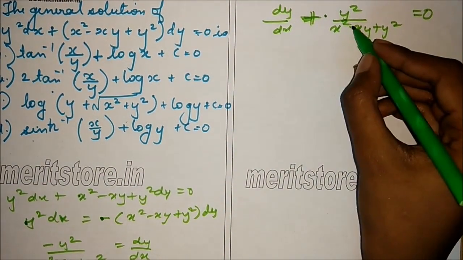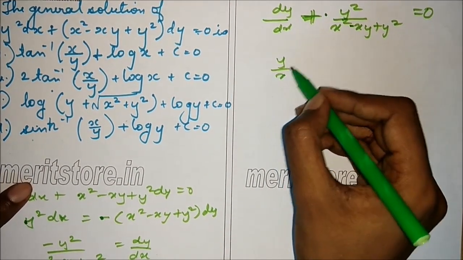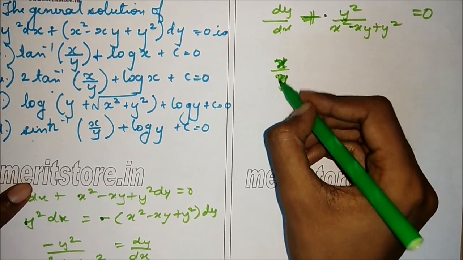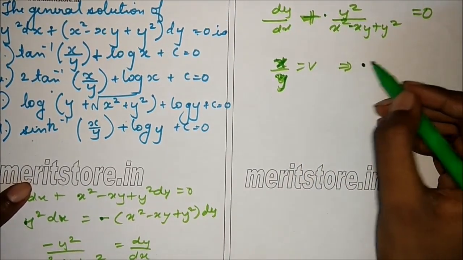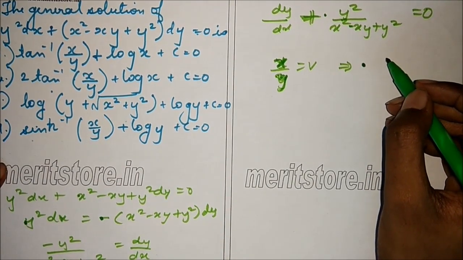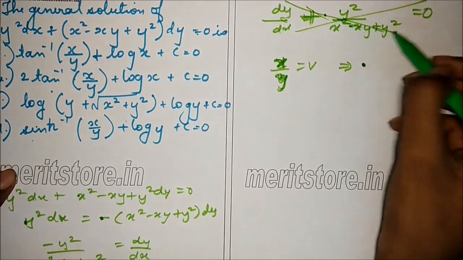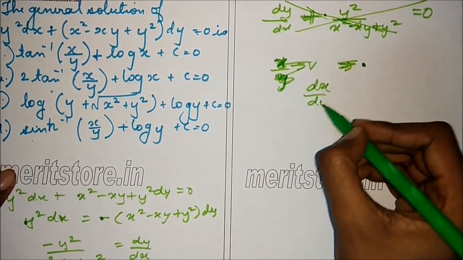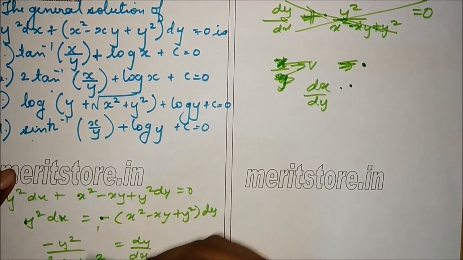So this is in implicit form. So we substitute x by y equals v. Alternatively, we can say dx by dy, taking reciprocals here.